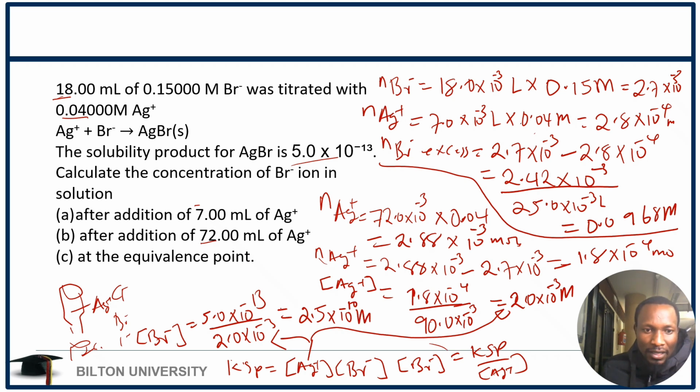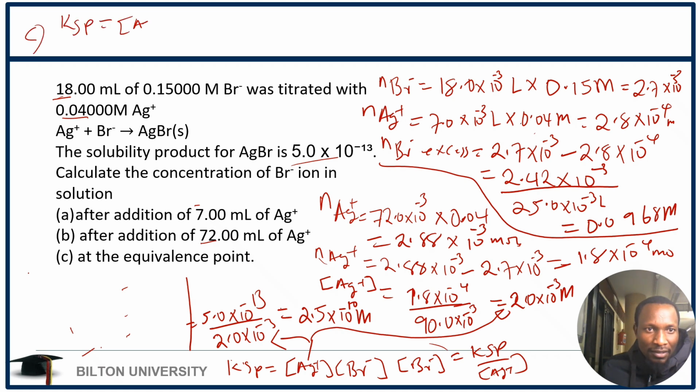In part C, we are told to calculate the concentrations at equivalence point. So remember, at equivalence point, our Ksp is equal to the concentration of silver ion times the concentration of bromide ion.